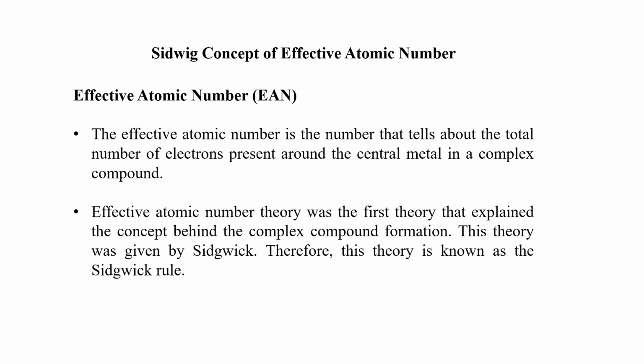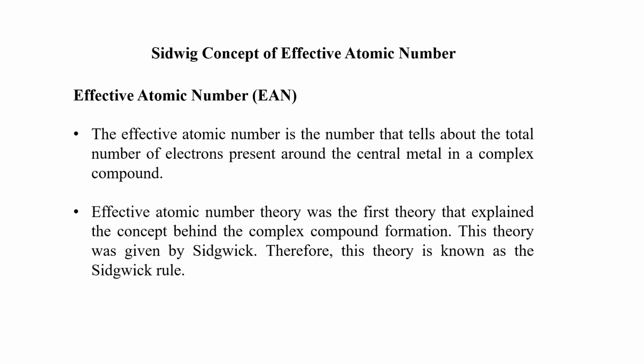The effective atomic number is the number that tells about the total number of electrons present around the central metal in a complex compound. The central metal ion must contain a certain number of electrons around it in order to get stability, and that number of electrons is called the effective atomic number.